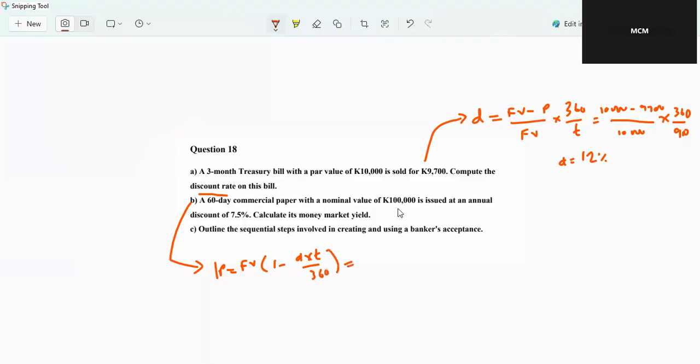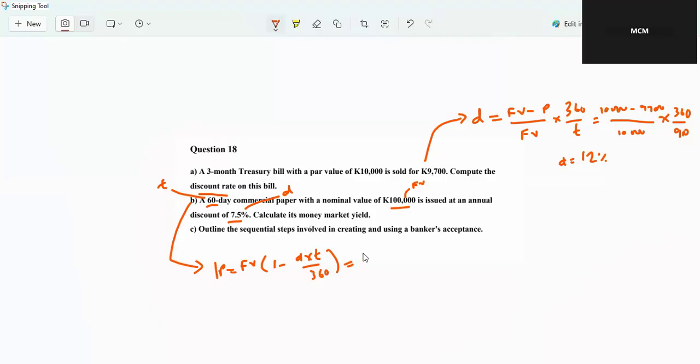So here our face value, our nominal value, is 100,000. Our D is 7.5%. Our time is 60 days.